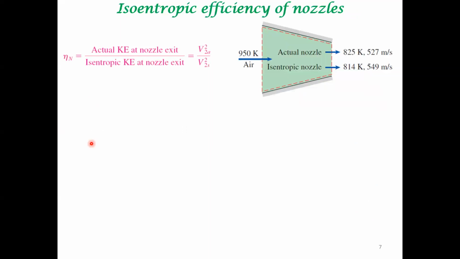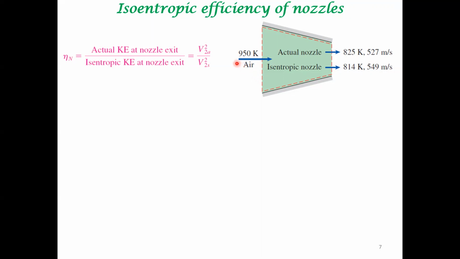Then we move on to another flow device, which is a nozzle. A nozzle is typically used for increasing the kinetic energy. A measure of efficiency of a nozzle is as follows. Let's say you have the same input condition, that is the temperature, pressure, and the kinetic energy of the input stream, the same between the real device as well as the ideal system, which is an isentropic nozzle.